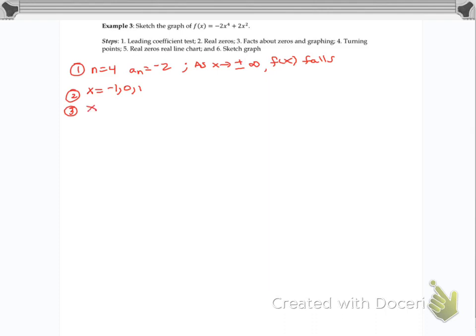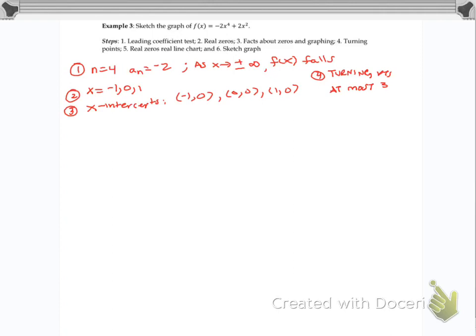So that tells us the x-intercepts are -1, 0, 0, 0, and 1, 0. If you need to, you can go back to page 3 to look over those equivalent facts. And in terms of turning points, I'll put it over here to save space, it's going to have at most 3.